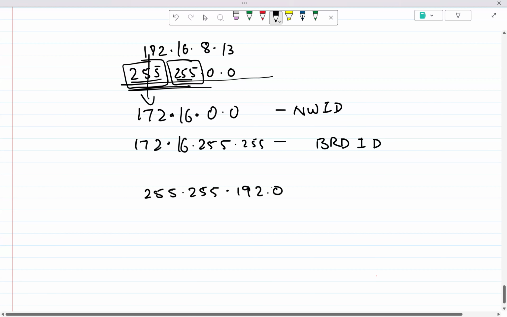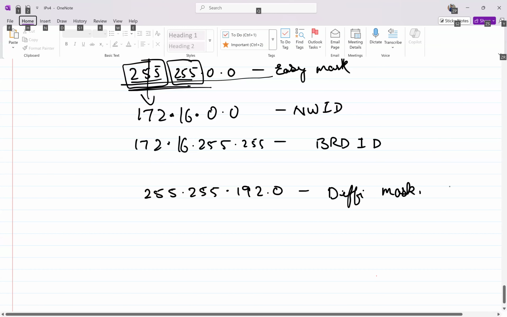We should be able to calculate these things as well. I call the first kind easy masks because they're easy to calculate, and address masks where a number is other than 255, I call difficult masks. Now for the difficult mask scenario, how can you calculate the network ID and the broadcast ID is what we are going to look at in today's class.